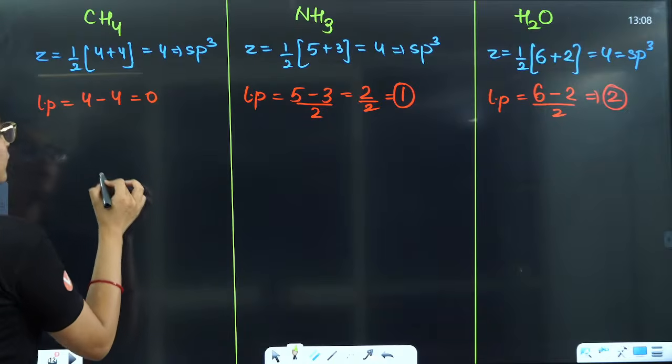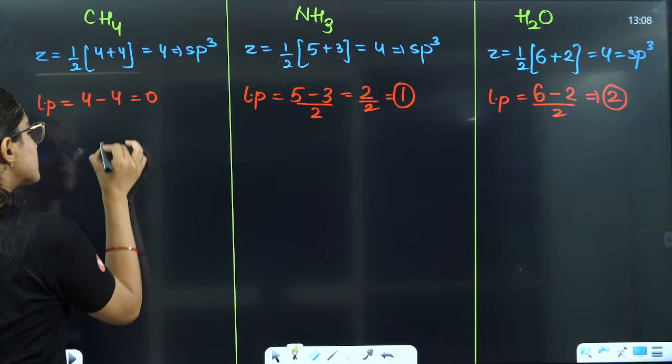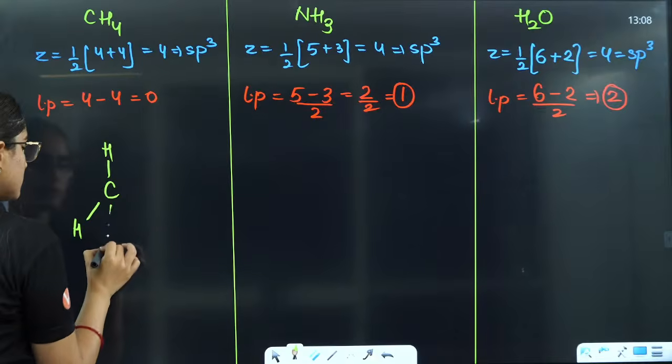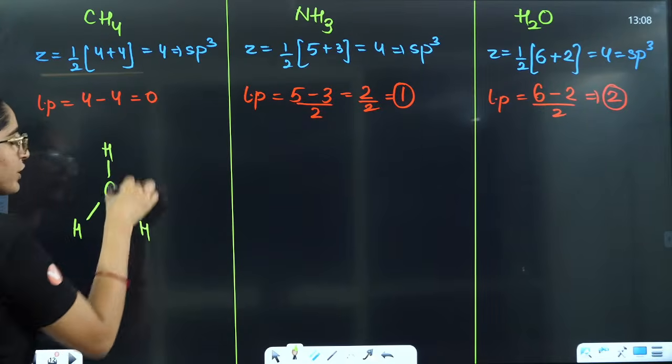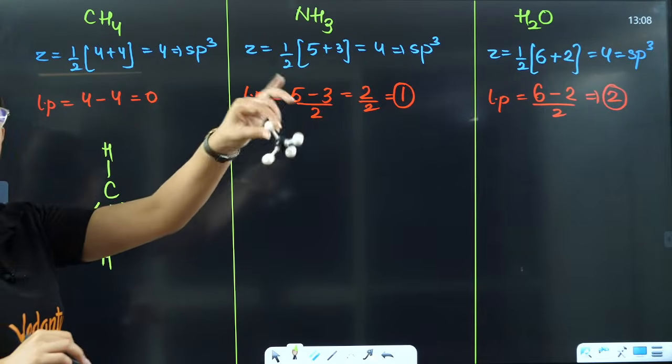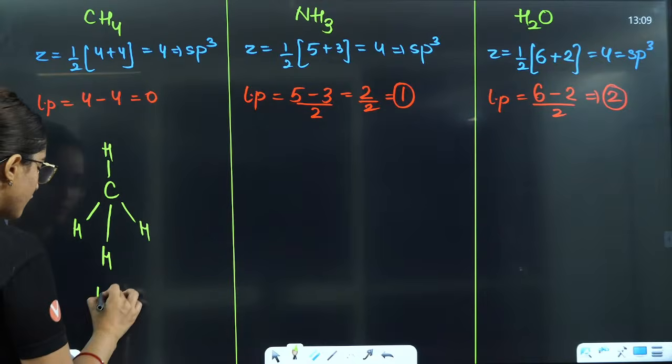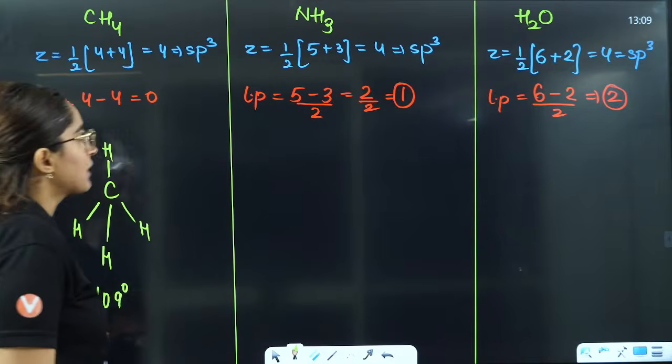If I draw CH4, in 2D we draw it like this, in 3D it looks like this, with 109 degrees.